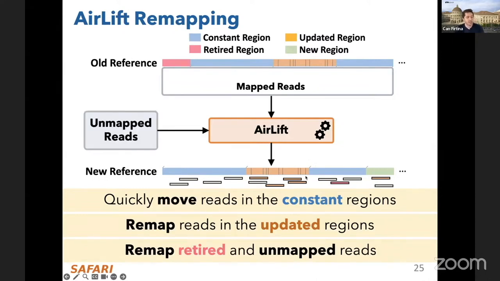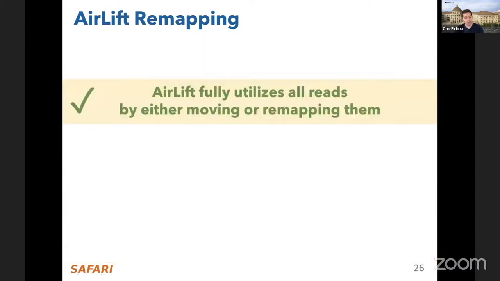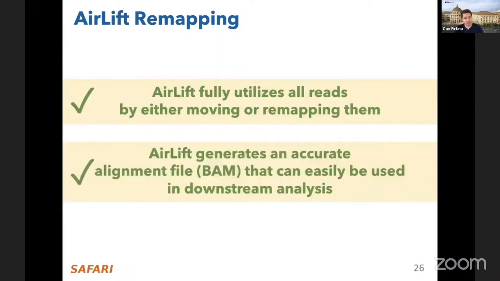And last, we map all the unmapped reads to the new reference genome. So by following all of these steps, AirLift fully utilizes all the reads by either moving or remapping them. And AirLift generates an accurate alignment file, a BAM file, that can easily be used in downstream analysis.